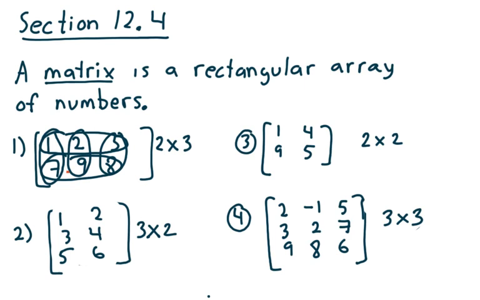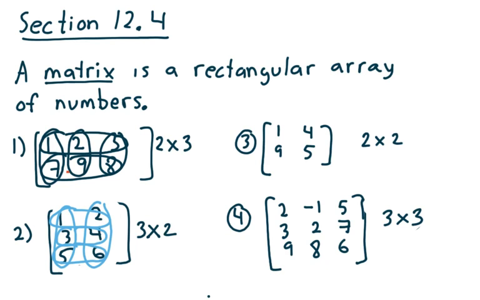In the second example, we have the matrix 1, 2, 3, 4, 5, 6. Here we have 1 row, 2 rows, 3 rows, followed by 2 columns. So the size of this matrix is 3 by 2, because there are 3 rows followed by 2 columns.